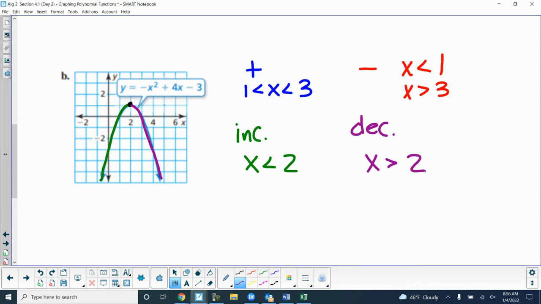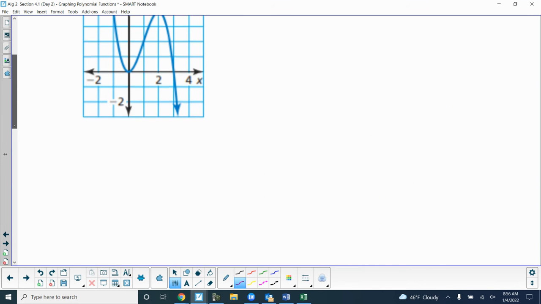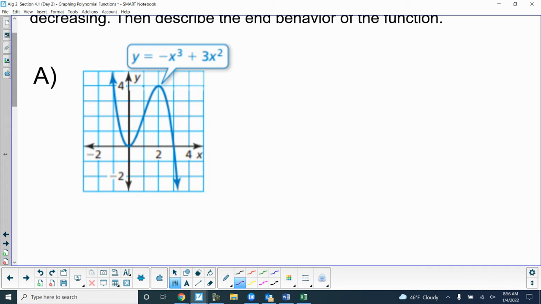Okay? Going back up to the first example. All right? So we got our positive and our negative. All right? So positive would be above, right?